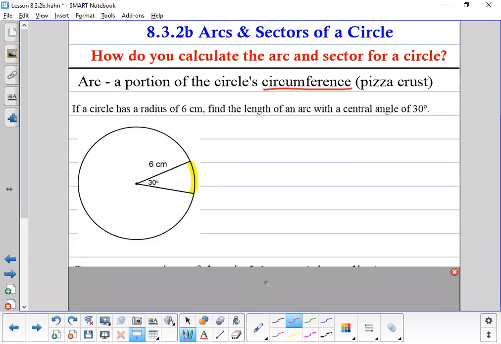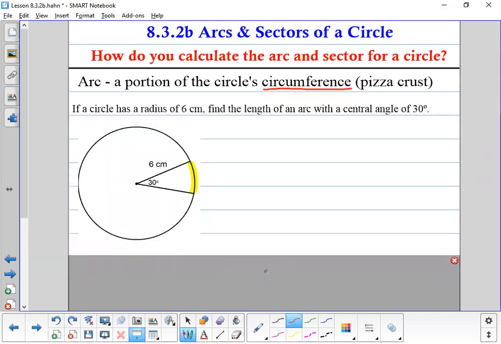The way we figure out an arc length, we're basically going to take the circumference of the circle, the perimeter of it, the length around the edge of it, the crust of the pizza, and we're going to take just one portion of that.